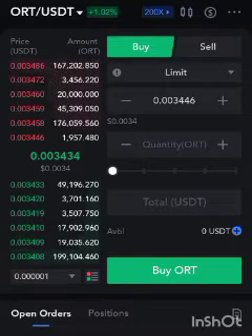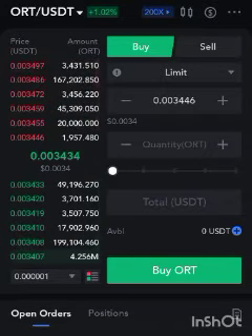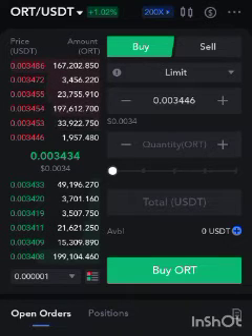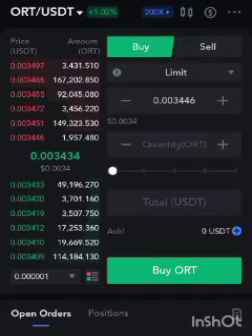I've explained the buy limit side before, but now let me explain the buy stop side. If you are buying using the buy stop side, which is the red side, you'll be buying at a slightly higher price than the market price, but the advantage is that your order will get executed instantly, in just a few minutes or at least instantly. The disadvantage is that it will reduce the number of cryptocurrencies that you get.